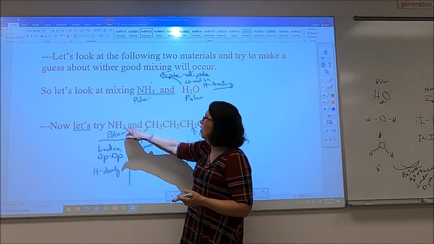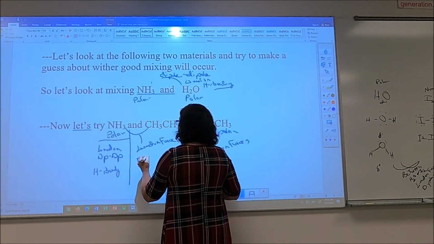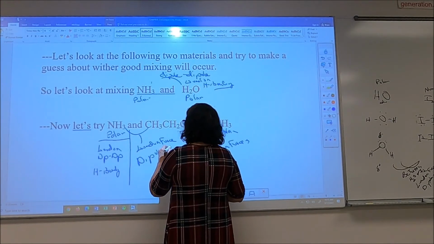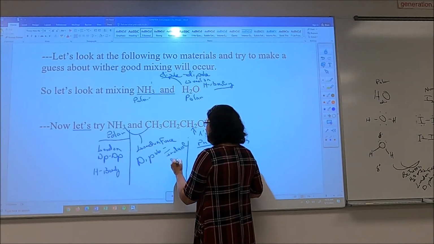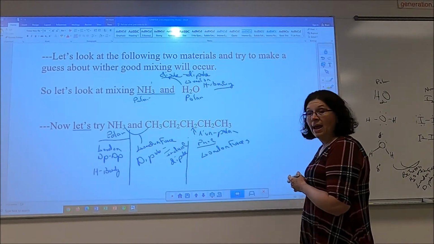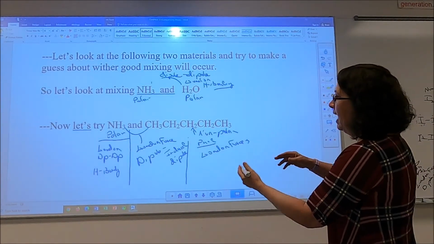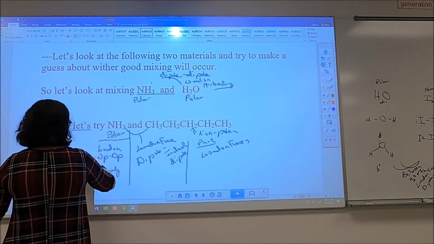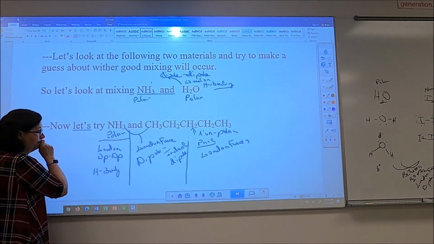But now I have a polar molecule and a nonpolar molecule. So I have dipole-induced dipole. Now, if we look at this, ammonia has a strong dipole-dipole, it has strong hydrogen bonding, it's got the London.